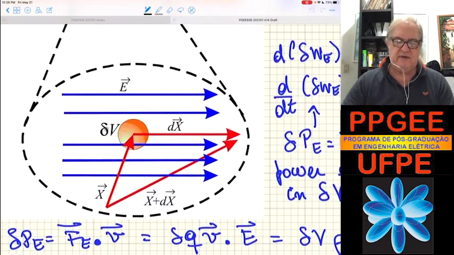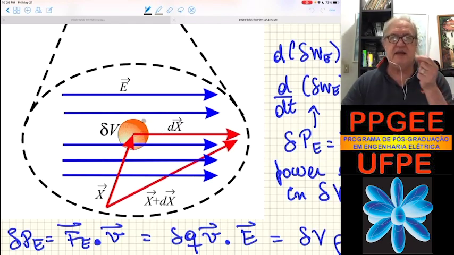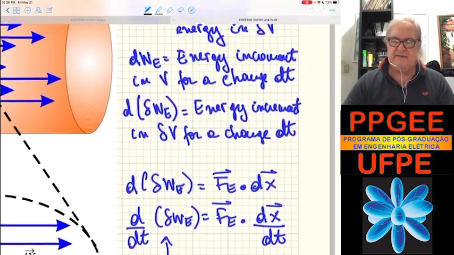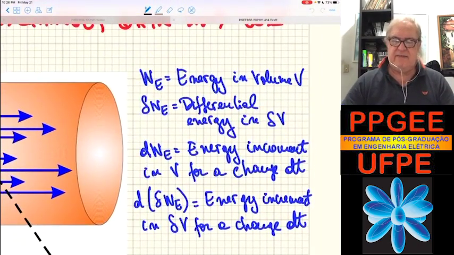So we have a differential, which is the delta relative to the volume, and we have a differential, which is the dx, related to the changing time. Small shifting time dt gives a displacement dx, right? So if we define WE, the energy in the volume, delta WE, the differential energy in delta V, okay?